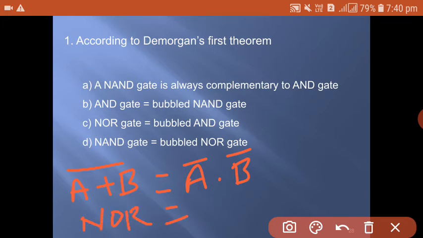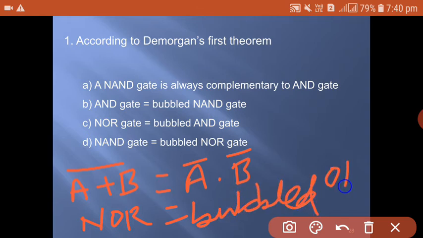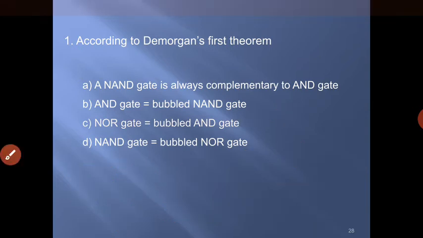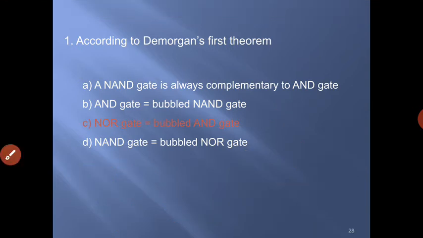NOR gate is equivalent to a bubbled AND gate, so the third option is correct. Option C is the correct answer.